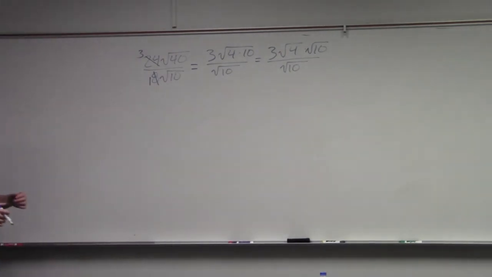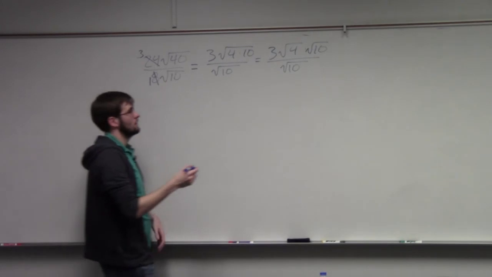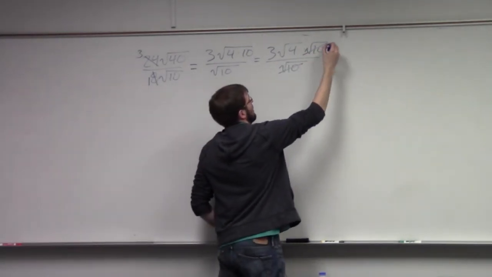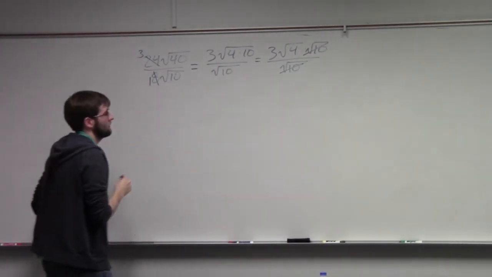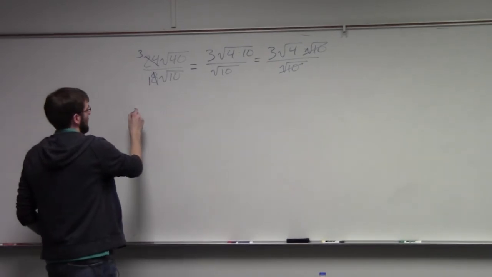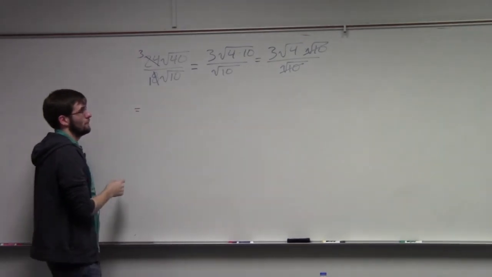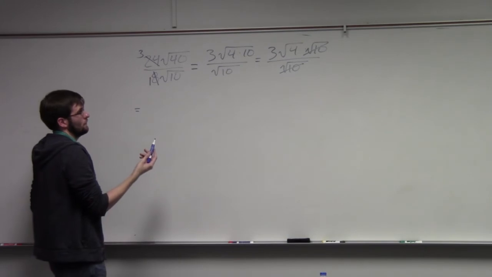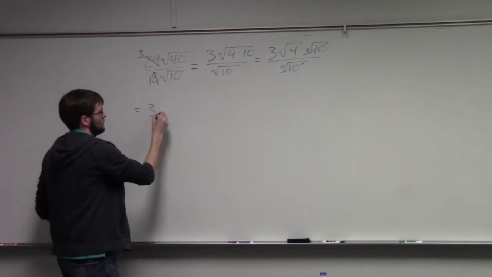So what do I have that's common on the top and the bottom? Square root 10. That guy's gone, right? So that means all I have left is 3 times the square root of 4. What's the square root of 4? 2. So that's just 3 times 2.